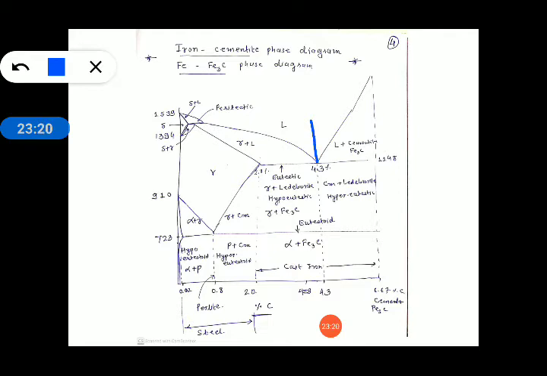This invariant reaction is called the eutectic reaction, and the product of these two solids, austenite and cementite, is called ledeburite.